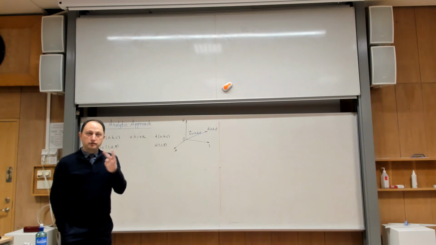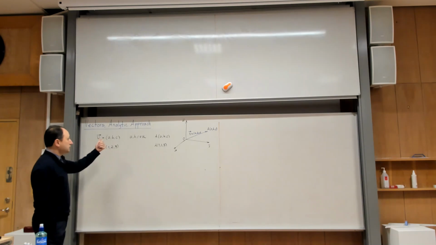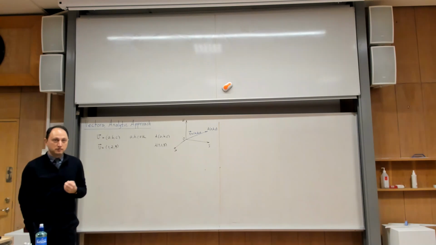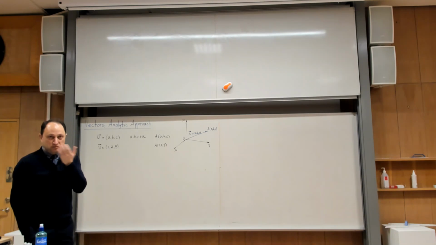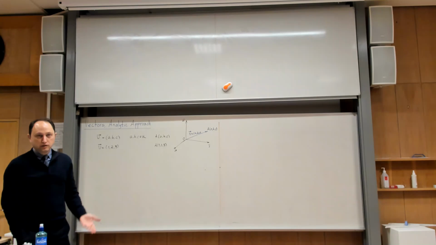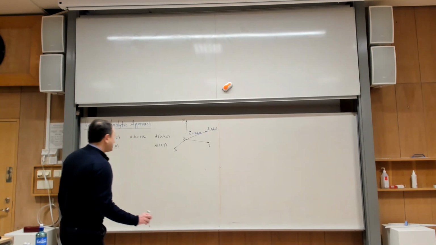If I give you two vectors in the analytic approach, it means that I give you two triples of numbers. So when do you think these two triples should be the same? Yes? When all the numbers are equal. Yeah, components should be correspondingly equal. But this is not a new definition.